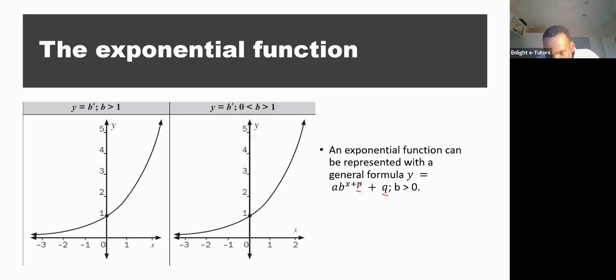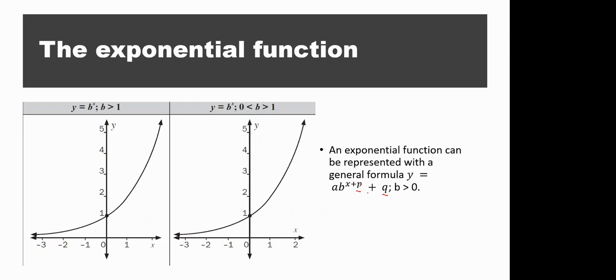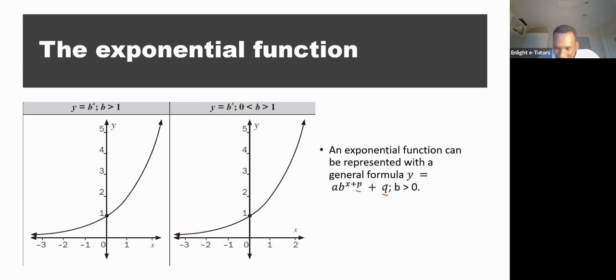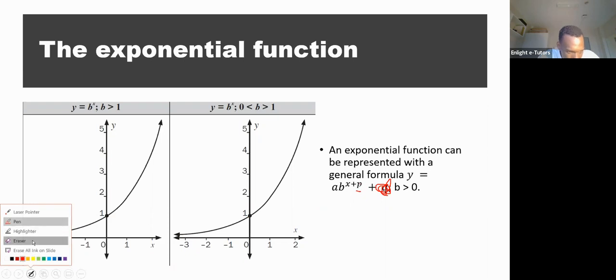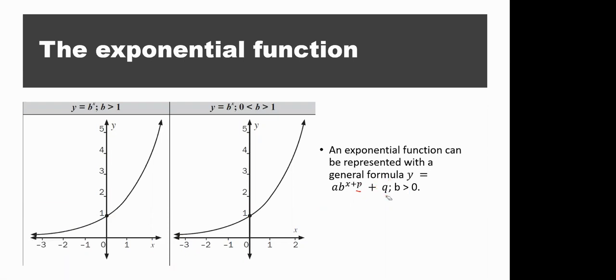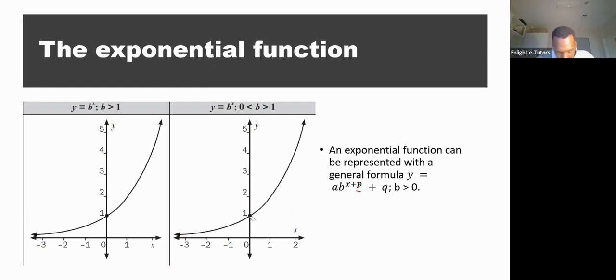The p determines the shifting, the vertical shifting, it goes up or goes down. Okay, the p. The p is a shifting, and the q determines the intercept, where it cuts the y-axis.